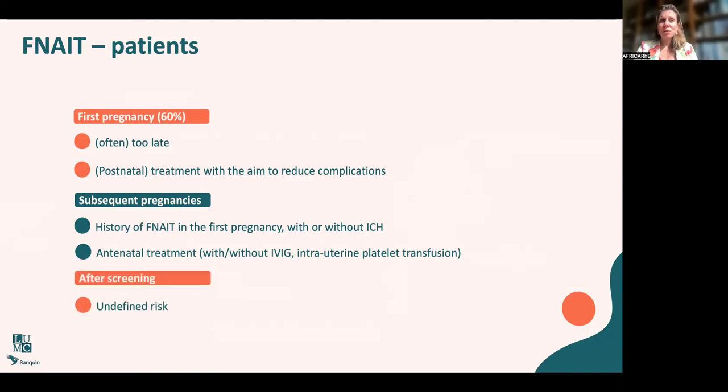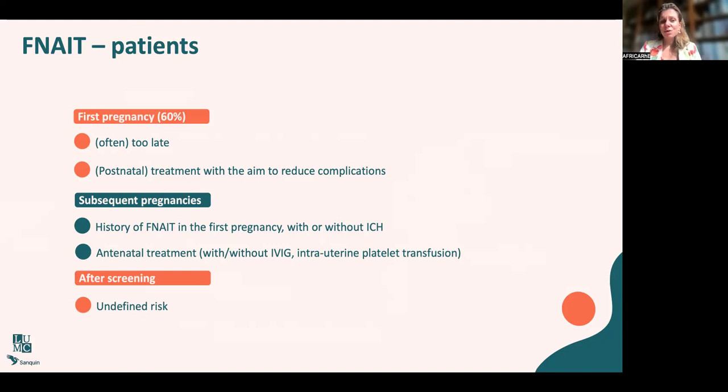When we're talking about screening, we know that there will be a totally new group of patients, because as I said, in subsequent pregnancies, we start antenatal treatment to prevent complications. We make a difference between patients with or without ICH in history.